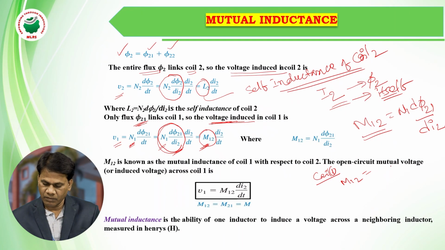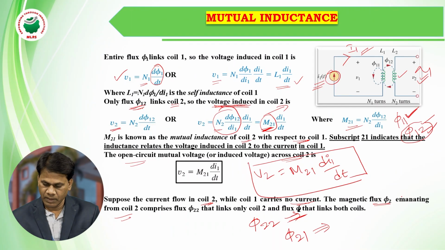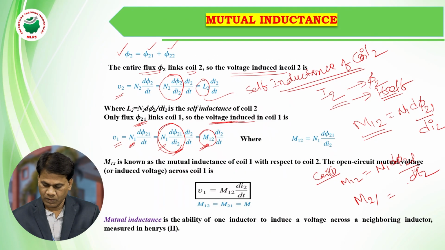M12 is given by N1 d phi 21 by di2, whereas M21 is given by N2 d phi 12 by di1.